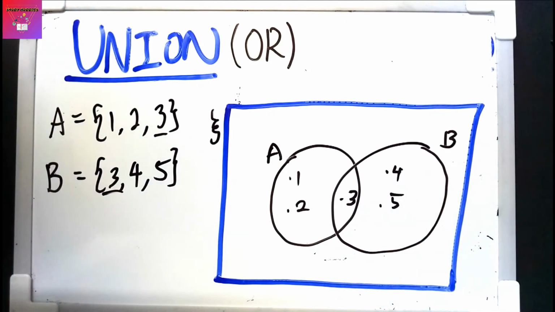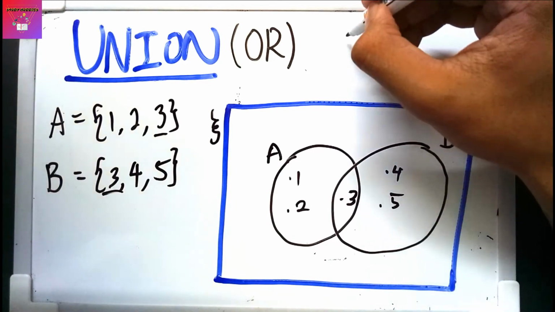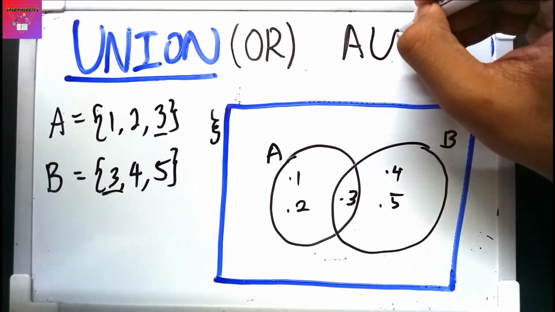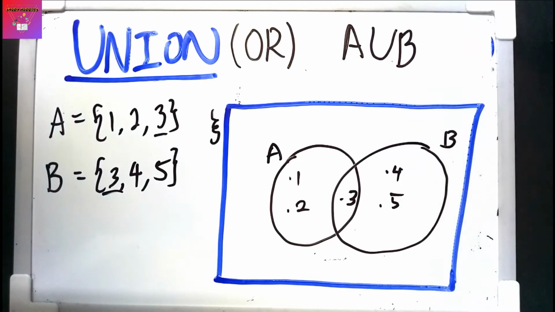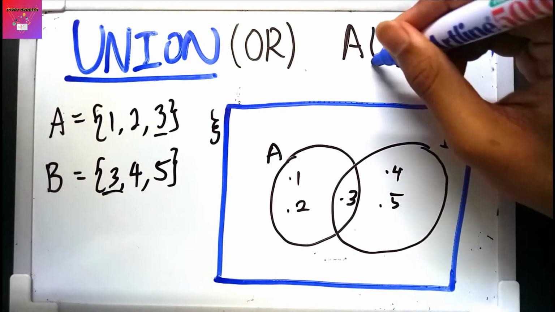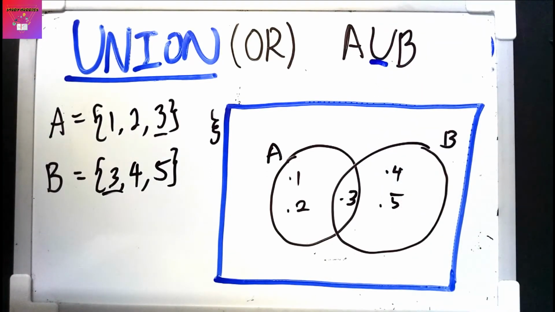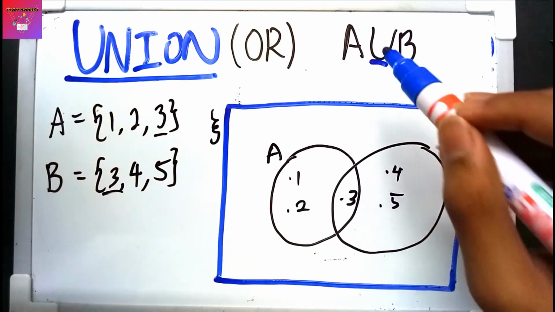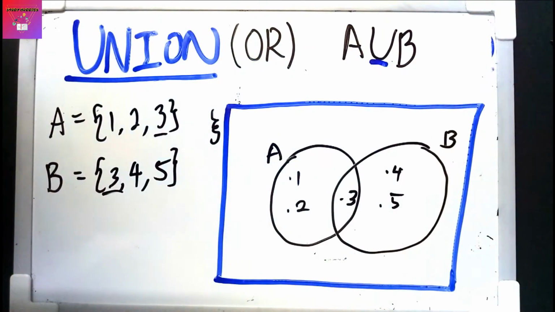Okay, so now let's say the question is asking A union B. This is the symbol for union, and I think it's very direct. The alphabet U, or the symbol U, comes from the word union.